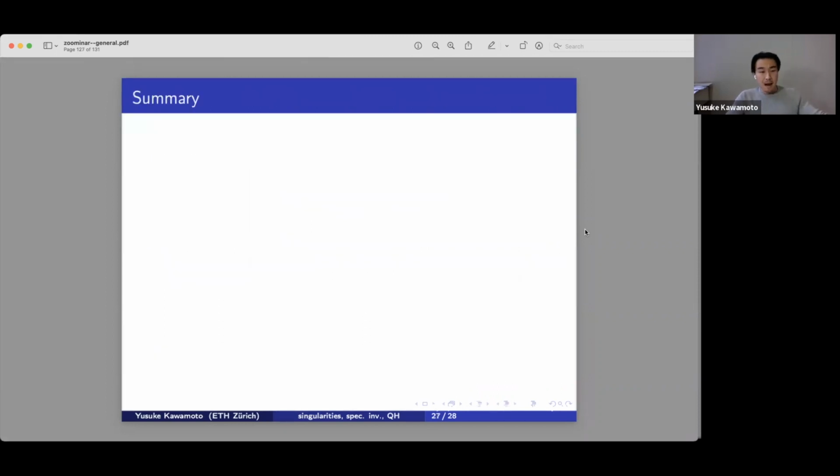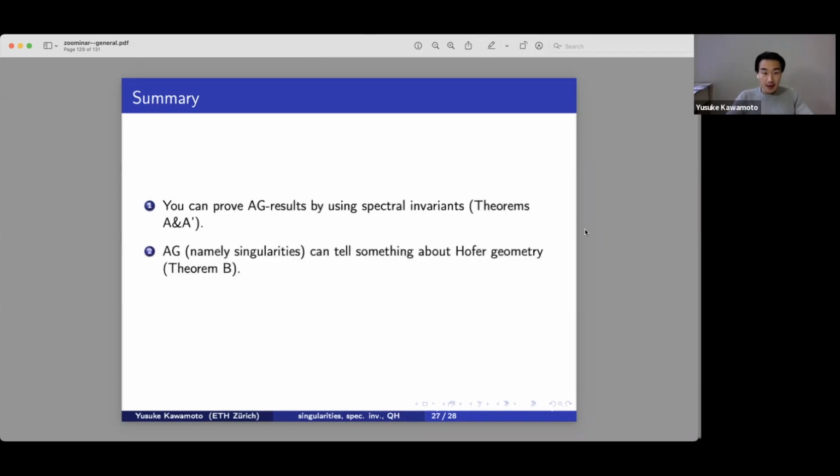I'm just going to summarize the talk. The first thing: you can prove algebraic geometry results by using spectral invariants. That was theorem A. And sometimes algebraic geometry can tell you something about Hofer geometry.